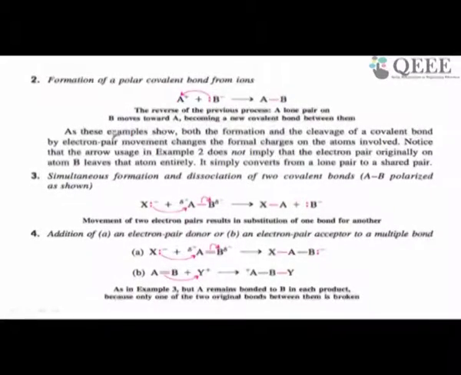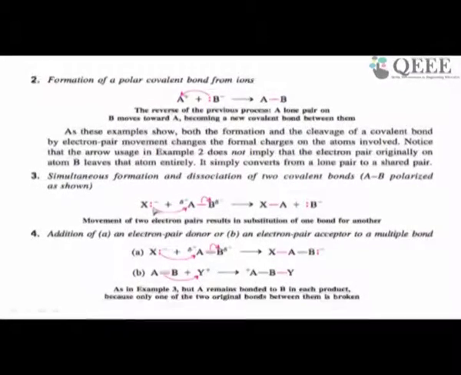This is another example. The third example is simultaneous formation and dissociation of two covalent bonds. In this case, you have a polar covalent bond in which the electrons are partially polarized towards B. That's why we write delta minus and delta plus. Generally, polar covalent bonds are represented by this delta plus delta minus notation, which basically denotes that there is a polarization of the bond.